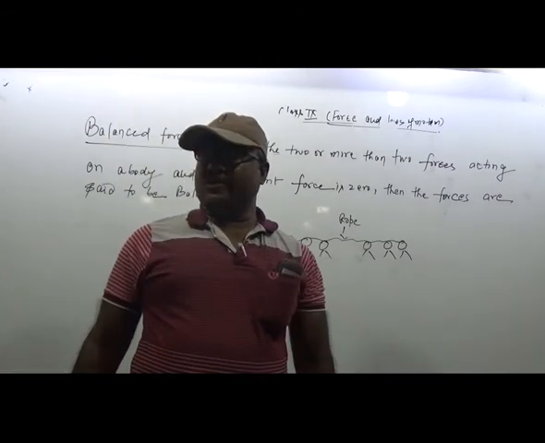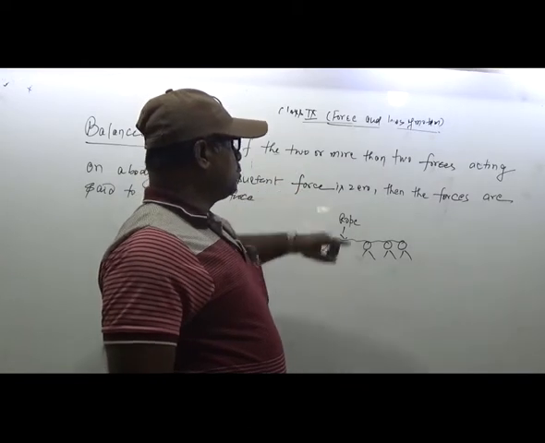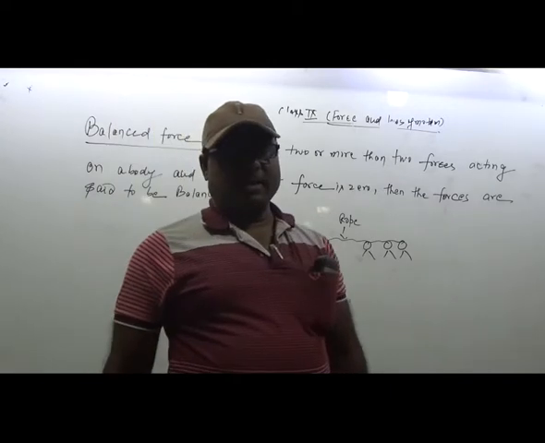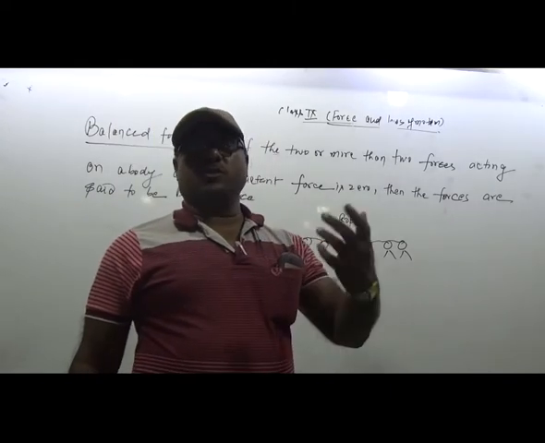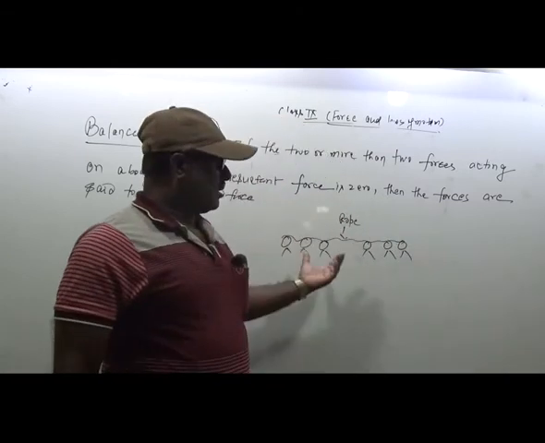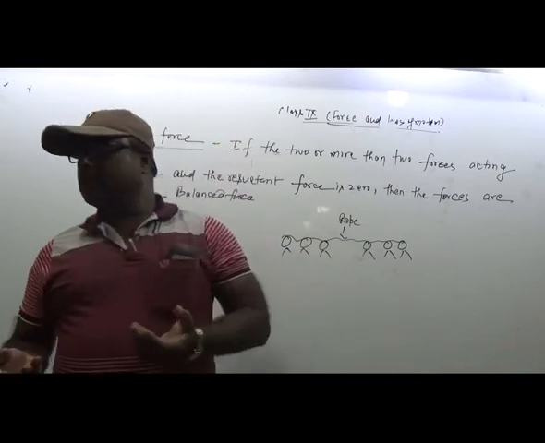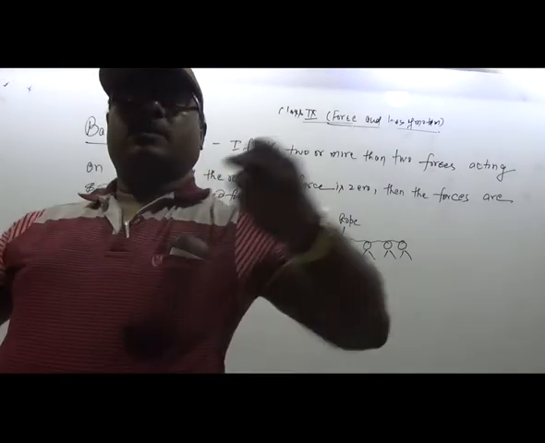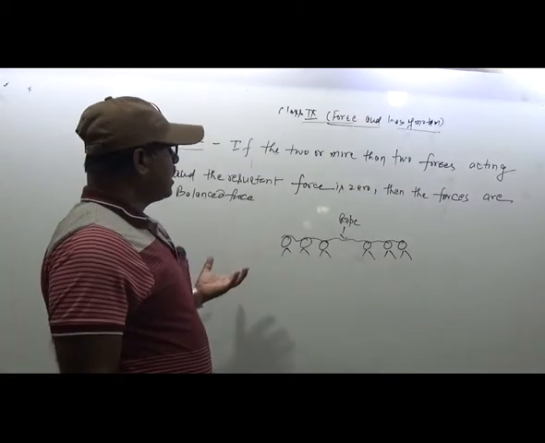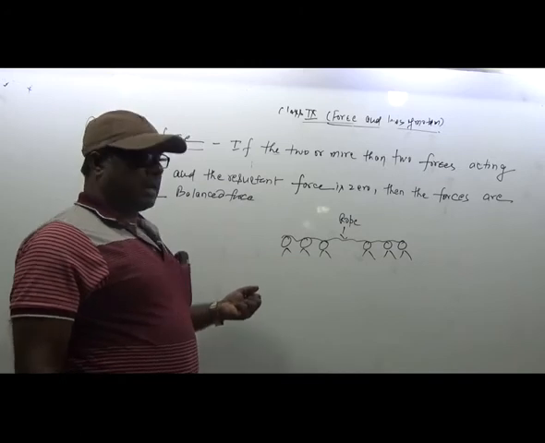So the body is at rest. In this situation, if two or more than two forces act and the resultant force is 0, that means the body is at rest. It is not going to change its position. In the case of tug of war, if both parties, one on the left and one on the right, are applying the same forces, then the rope is not going anywhere, and we can say that the forces are said to be balanced.